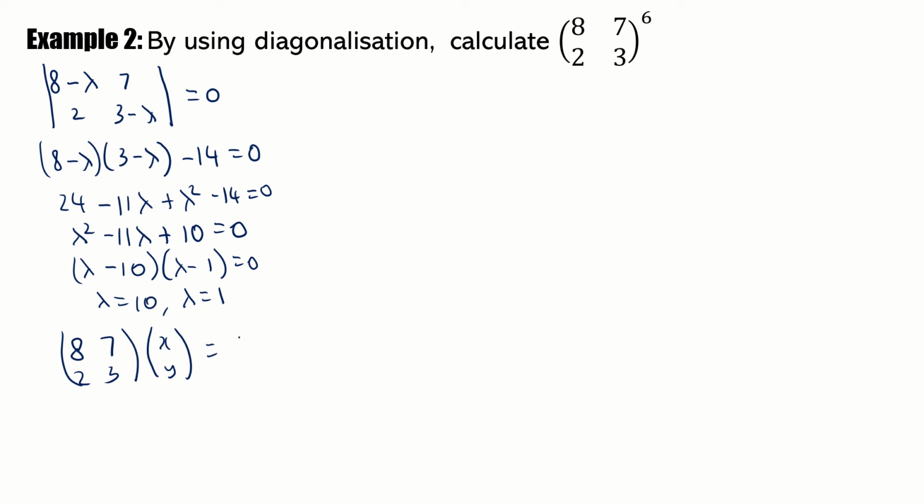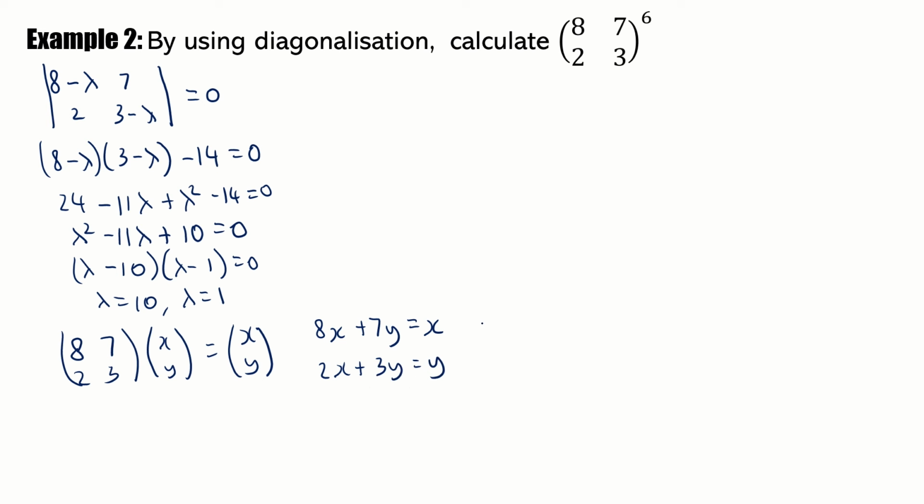Doing the eigenvalue of 1 first of all, we're going to end up with x times 8 plus 7 times y is equal to 1 lot of x. And also you would technically end up with 2x plus 3y equals y.